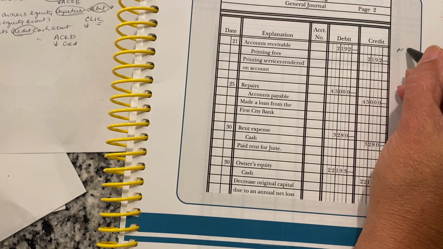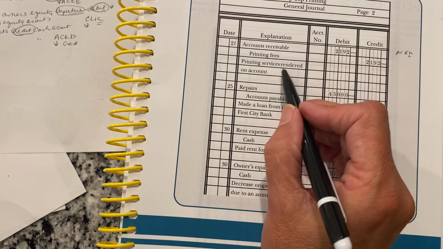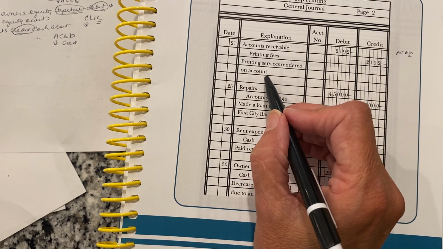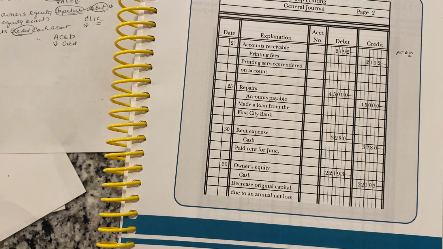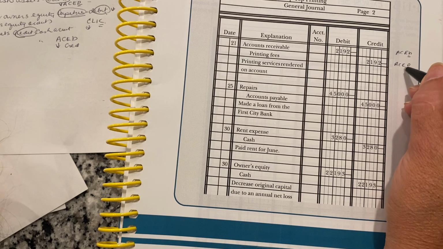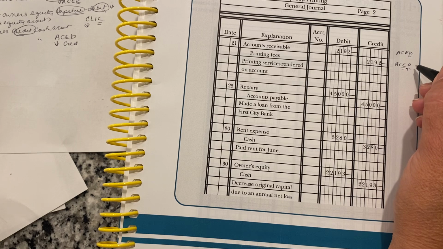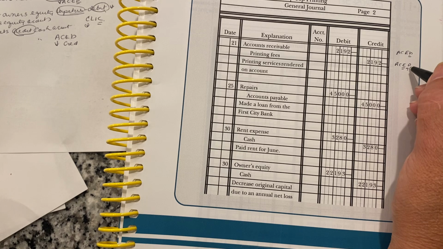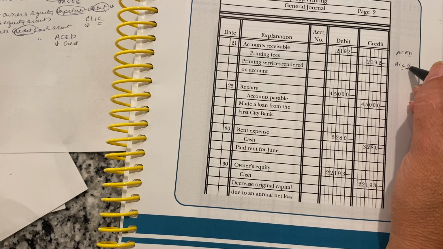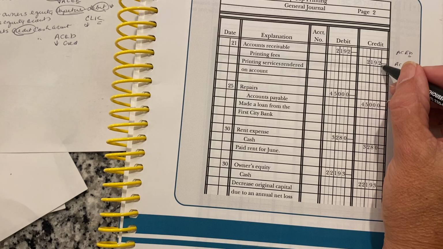So the asset would be debit, so it's written as a debit, $21.93. Printing services rendered on account, printing fees, would be opposite, which would be credit. So sorry.